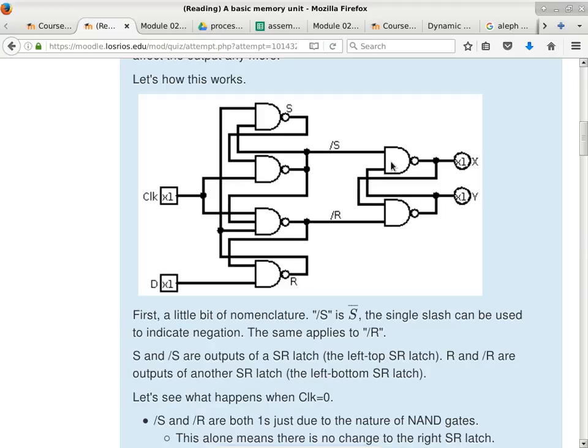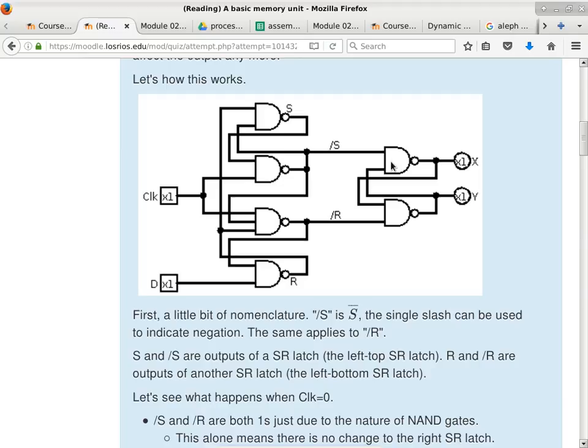So when CLK is a stable 1, continuous, it doesn't change anything. D cannot affect the SR latch. When CLK is continuously a low, a 0, it doesn't change the SR latch. It's only when it changes from 0 to 1 that it can affect the SR latch. Is that okay so far?